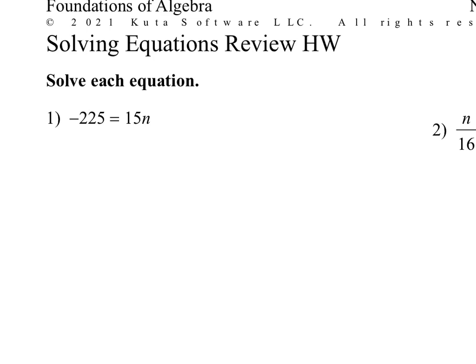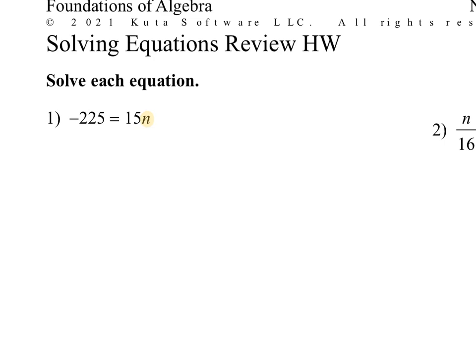Remember, the goal when it comes to solving equations is to get the variable by itself. So when you look at this first equation, you have negative 225 equals 15n. Well, to get n by itself, what do you have to do? No, not multiply. The positive 15 is being multiplied by n.